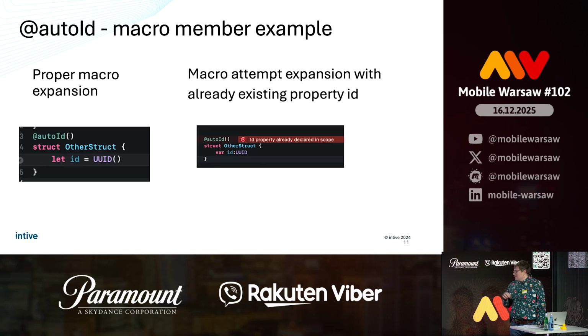If this error wasn't handled, the compiler would add another ID property to this struct, and the compiler would return the error that variable or constant ID is declared multiple times.